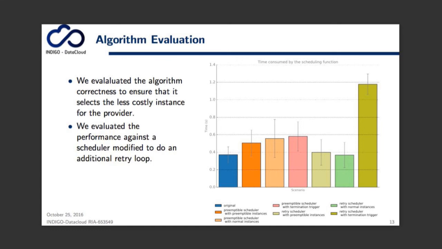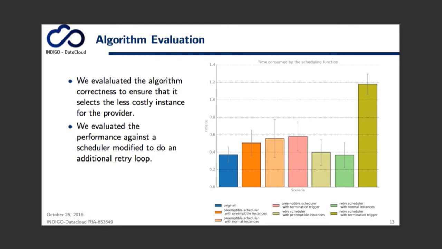The bar in blue is the original scheduler time for a scheduling cycle for one VM. Then the next three are with the preemptible scheduler. The first one only scheduling preemptible instances. The second one only scheduling normal instances. The third one is scheduling a normal instance involving the termination of one preemptible instance.